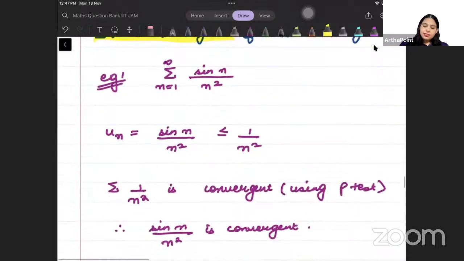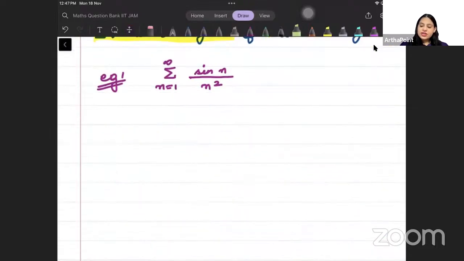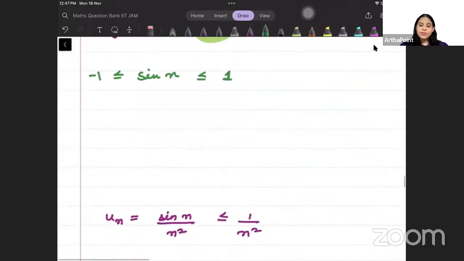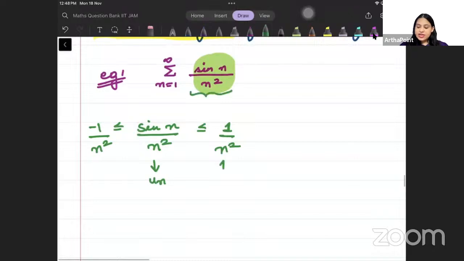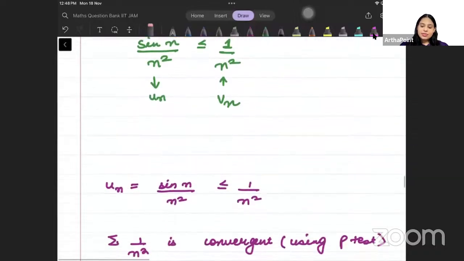Let us take some examples of this test. Example number 1: sin n by n square. We know sin n lies between -1 and 1. So sin n by n square will lie between -1 by n square and 1 by n square. You need to understand that the given term can be my Un and 1 by n square can be my Vn.